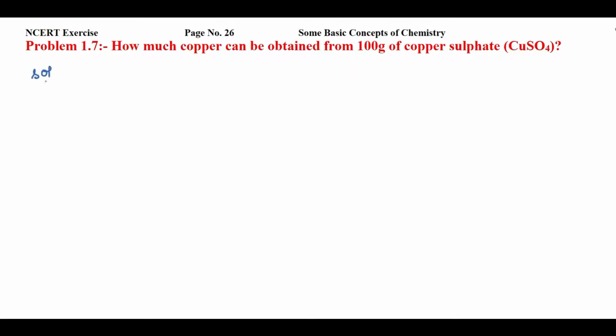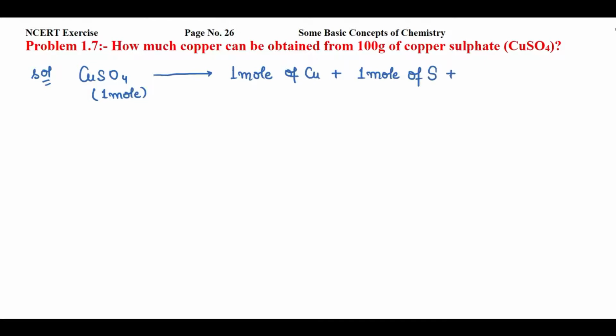Before applying the unitary method, we should know the relation that we will use. If you see, in 1 mole of copper sulfate, I am having 1 mole of copper, 1 mole of sulfur, and here we are having 4 oxygen, that means 4 moles of oxygen, right?